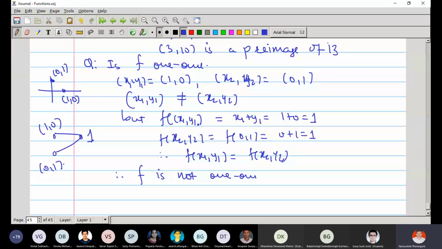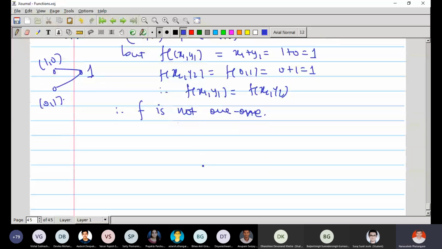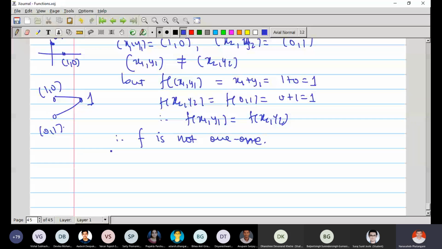Do you agree with what I am saying? Yes, sir. So this function is not 1-1.